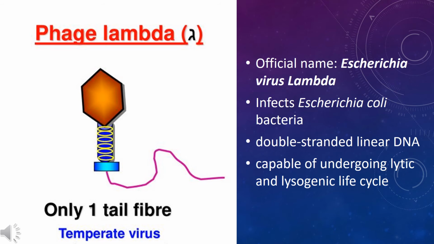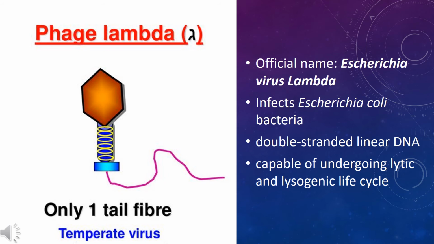And since its DNA is linear, and linear DNA is susceptible to digestion and degradation by the host cell, after it injects its DNA into the bacterial host, the viral DNA or the DNA of the phage lambda circularizes. And how did this happen?